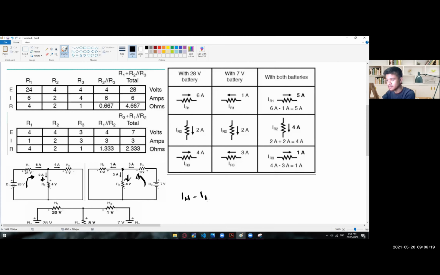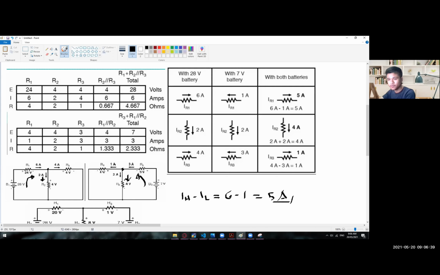So IH minus IL. In here we have 6 amps minus 1 amp, which is equal to 5 amps. Okay, so this is the answer for the I1.